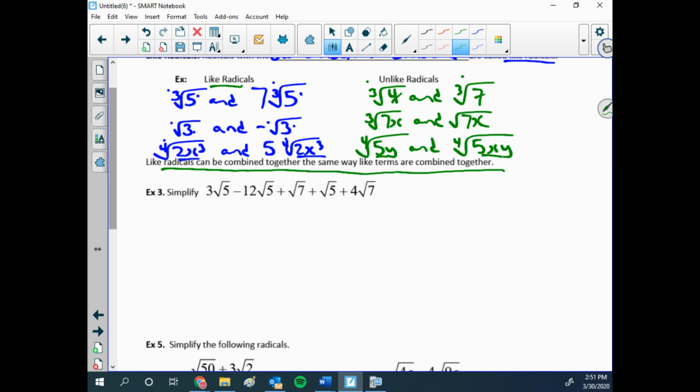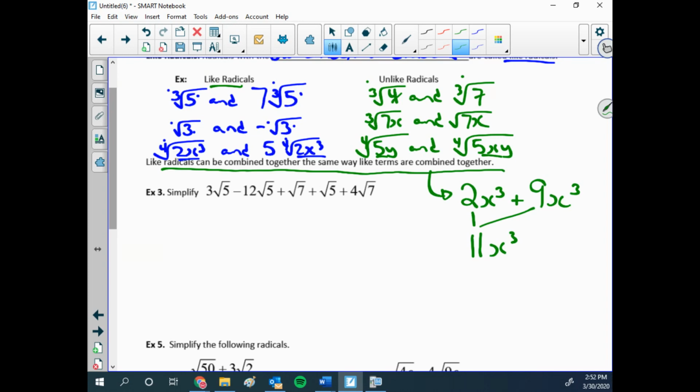For example, with polynomials, if I have 2x cubed plus 9x cubed, I just add those together. My coefficients come together, so that would be 11, and that just stays as x cubed.